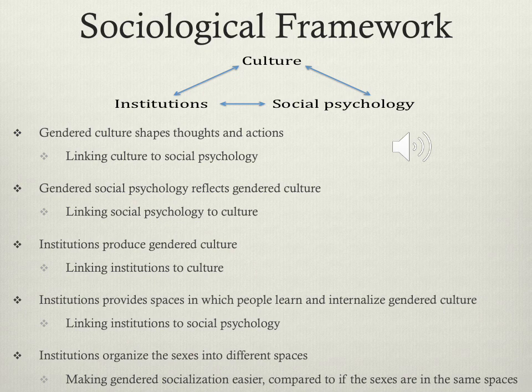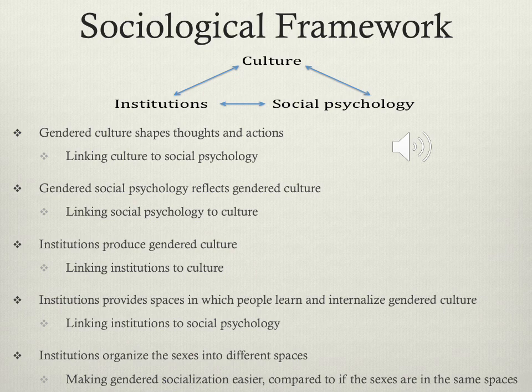So here we see the linking of institutions to culture, but also we can see how institutions relate to social psychology, by recognizing that institutions provide us the social spaces in which we learn and internalize the gender culture.